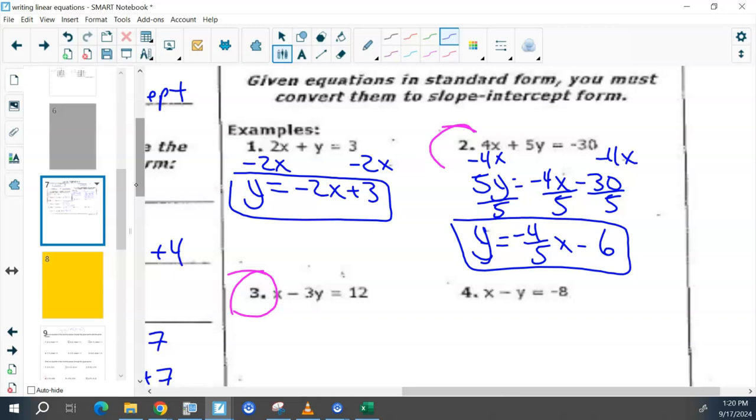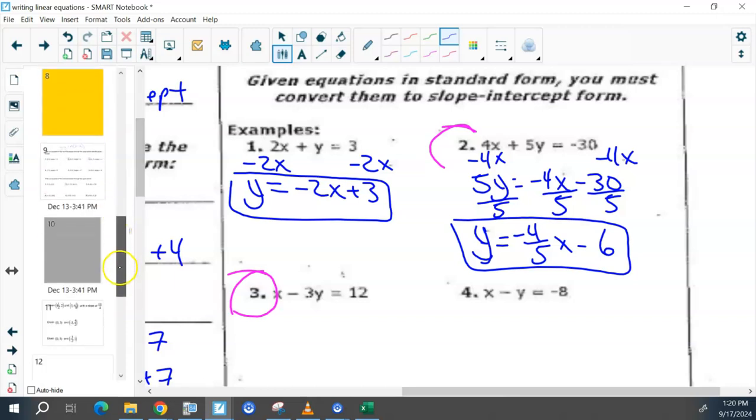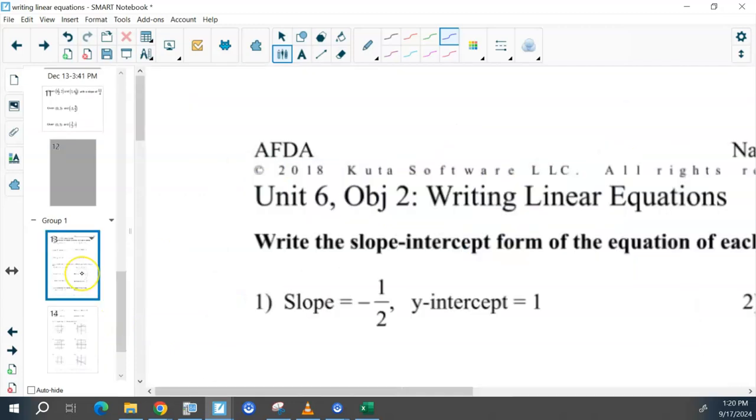Are there other problems in that section we want to go over, have questions about? So I want you to skip the next page, the one that says point slope formula at the top, and I want you to look at the page that looks like this.